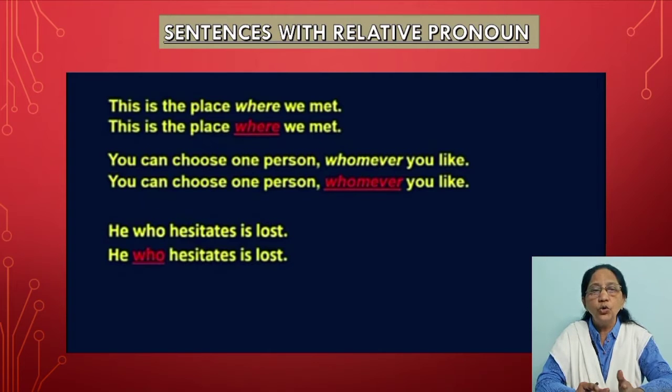He who hesitates is lost. Here, in all these three sentences, relative pronouns are used, like where, whomever, and who, because these relative pronouns are joining two sentences.